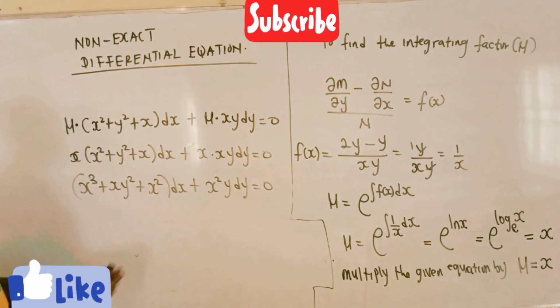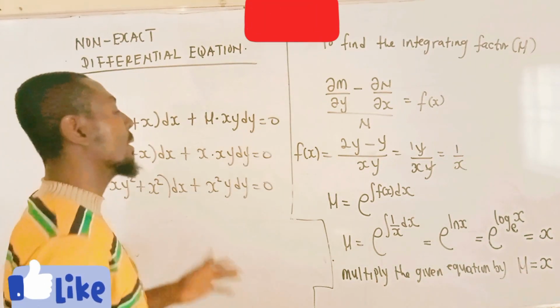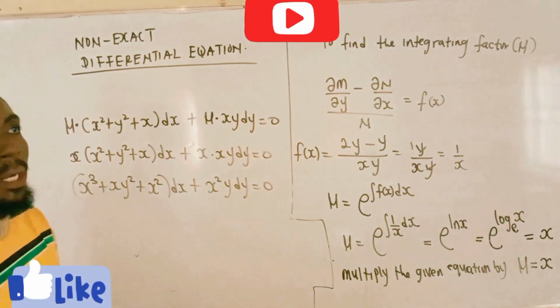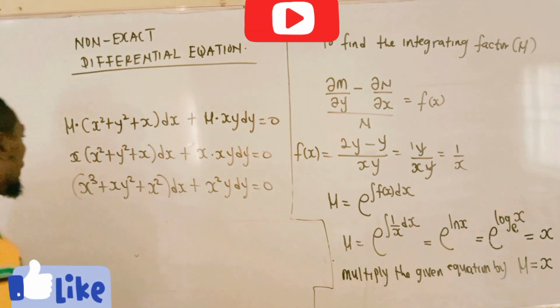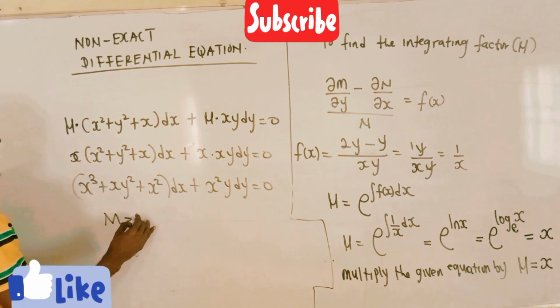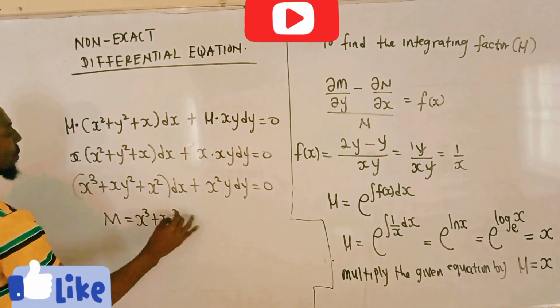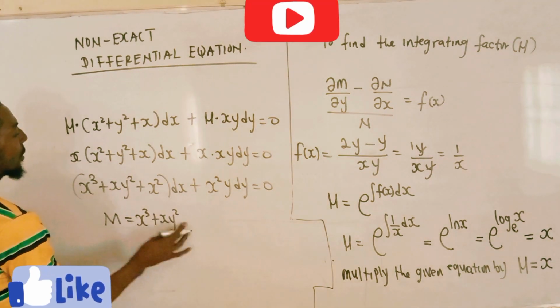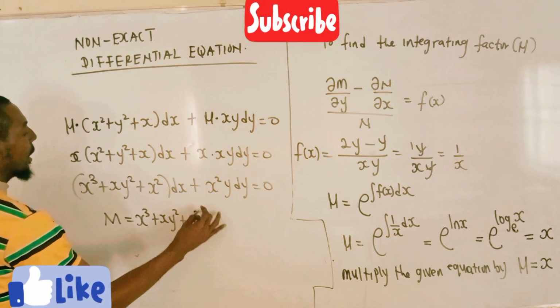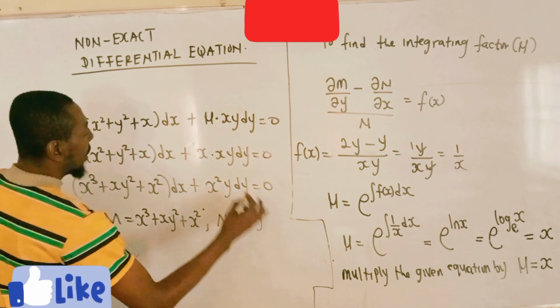So we have a new equation here, of which we are to check if the equation is now exact, having multiplied by the integrating factor. In this case, M similarly is equal to x cubed plus xy squared plus x squared, and N is equal to x squared y.